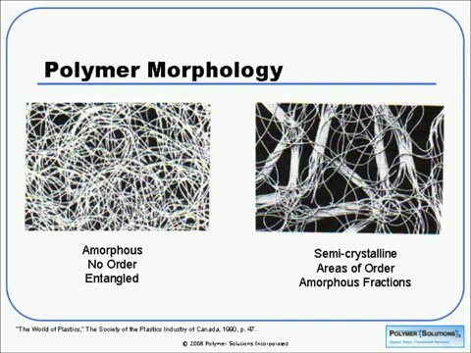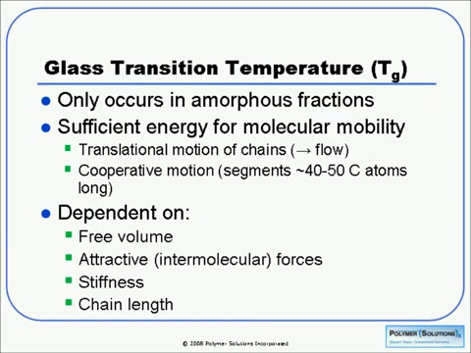So one of the most important variables related to thermal behavior of polymers is their morphology. For our purposes, we're going to simplify and say that we're going to be in one of 2 states. We're either going to have an amorphous system, like that shown on the left, where our chains have no order relative to each other. They're simply entangled, in a spaghetti-like situation. The other option is a semicrystalline system, like we see on the right.